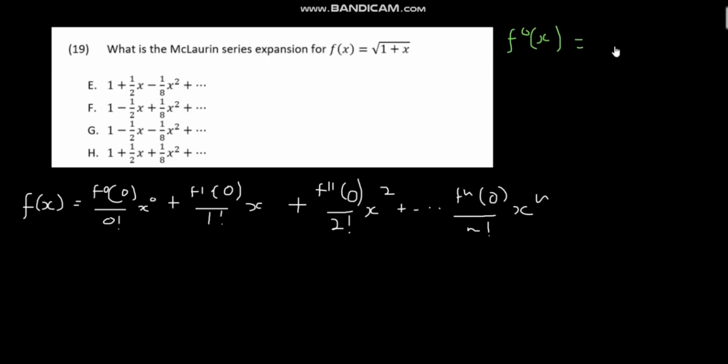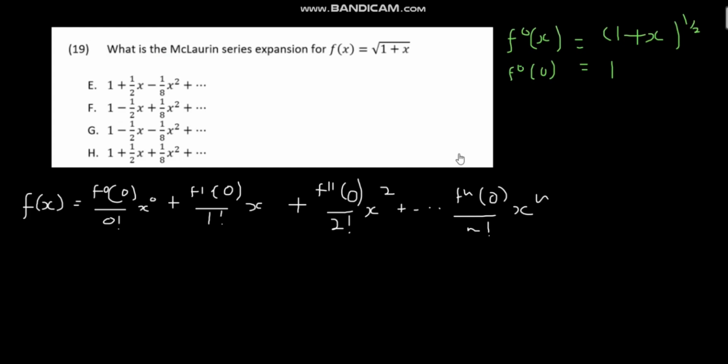But to make this easy for us, I'm going to write the function as 1 plus x to the power of half, which is 1 over 2. It's the same as the square root of 1 plus x. So the zero derivative of the function at x will still be 1 plus x to the power of 1 over 2, and the zero derivative of the function at 0 will therefore be equal to 1. So that was for the first coefficient.